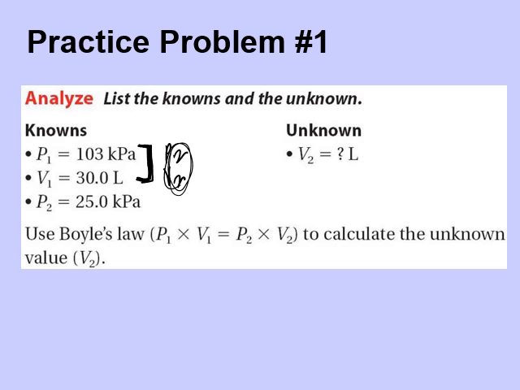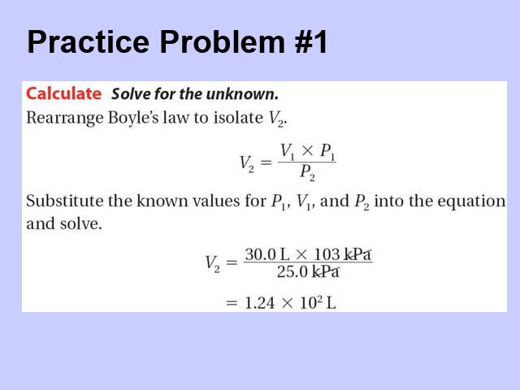It doesn't matter if you want to assign them P2, V2, or P1, V1, as long as those two stay together. And what we're looking for is the volume after our pressure changes. So we're looking for V2 in this scenario. You'll use Boyle's law, again, P1 V1 equals P2 V2, and we can calculate that unknown V2.